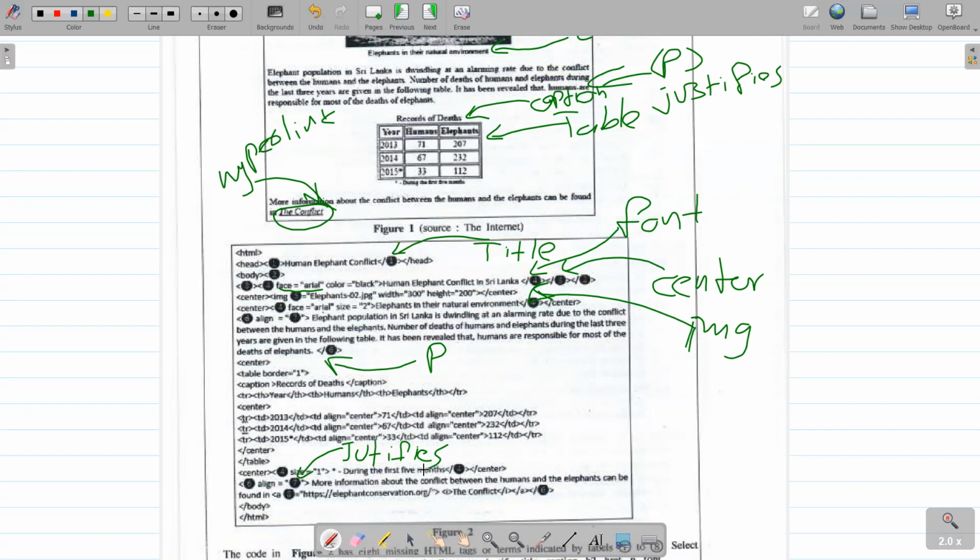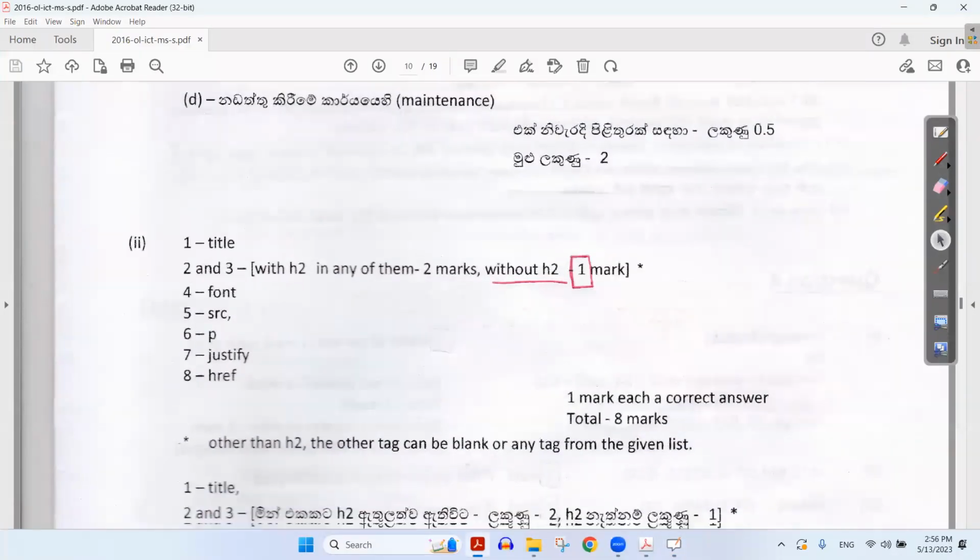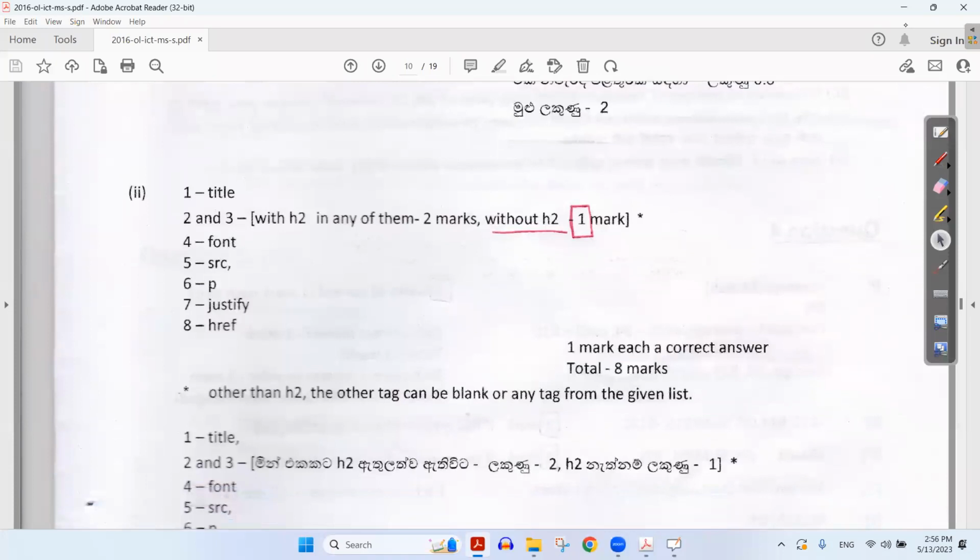So let's cross check how it is going on. So first one is title, second and third with H2 in any of them 2 marks, without H2 1 mark. Yeah, second and the third, it seems to be the mistake. So for second, you can take H2. 1 mark is given. Then fifth one SRC. Fifth one, let me see.